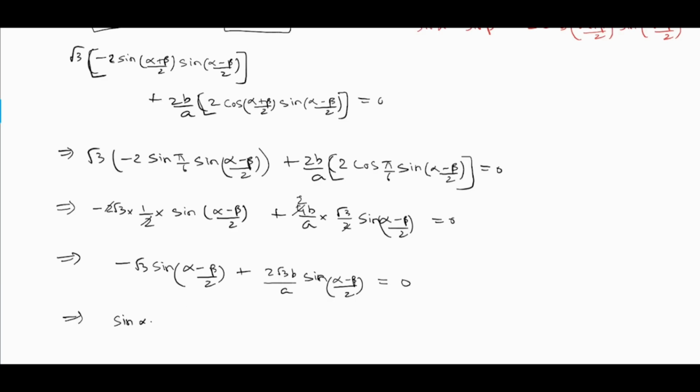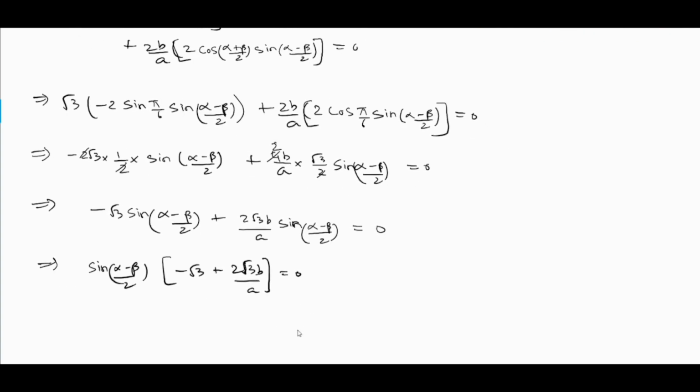Taking sine alpha minus beta by 2 common, we have minus root 3 plus 2 root 3 b by a equals 0. And since this equation is equal to 0, either this has to be 0 or this has to be 0 or both of them have to be 0.